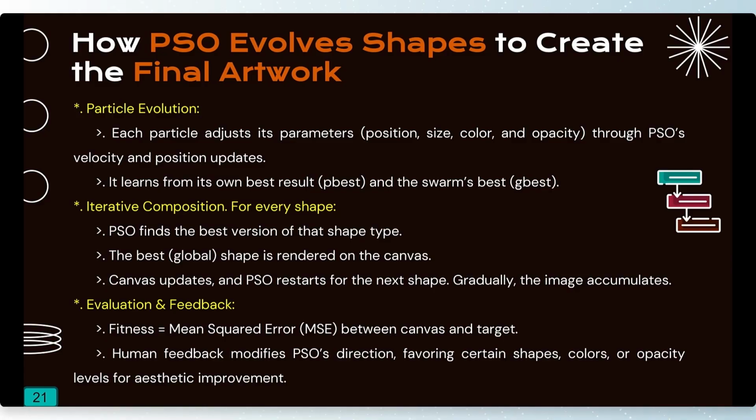The canvas updates and PSO restarts for the next shape. Gradually, the image accumulates. Then finally, we have the evaluation and feedback. For that, we need the fitness, which is the MSE here, between the canvas and the target. Human feedback modifies PSO's direction, favoring certain shapes, colors, or opacity levels for aesthetic improvements.